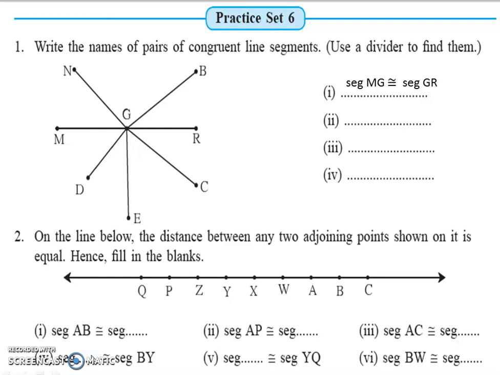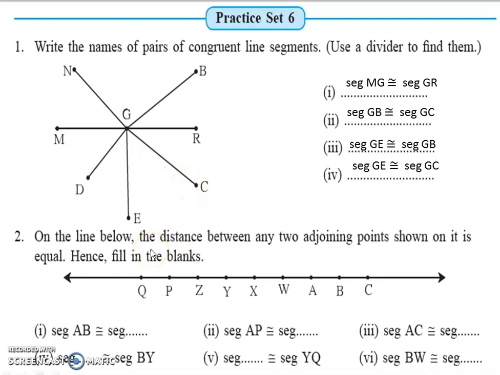Now the pairs of congruent line segments in the figure are segment MG congruent to segment GR, segment GB congruent to segment GC, segment GE congruent to segment GB, and segment GE congruent to segment GC.